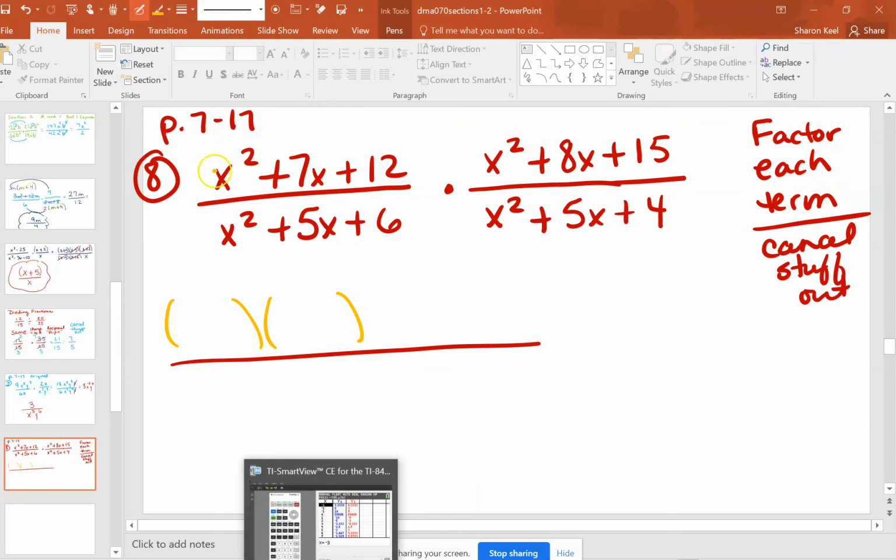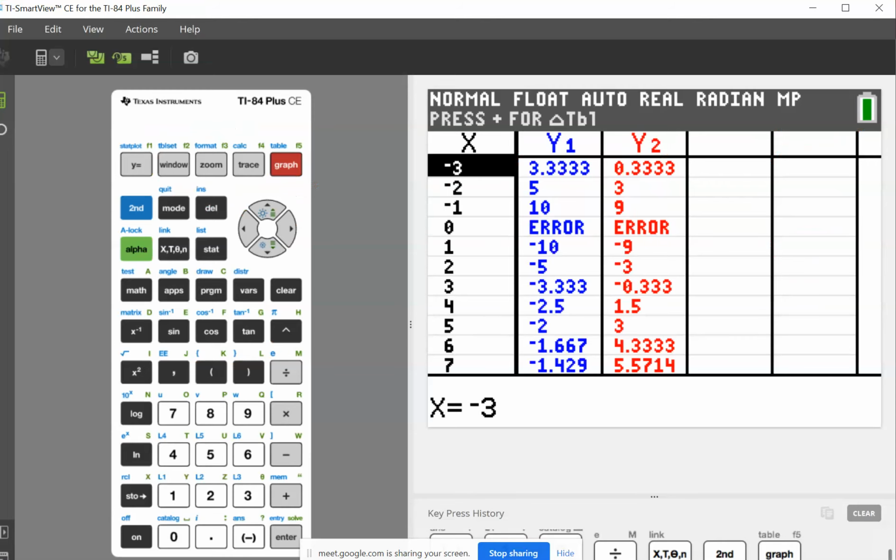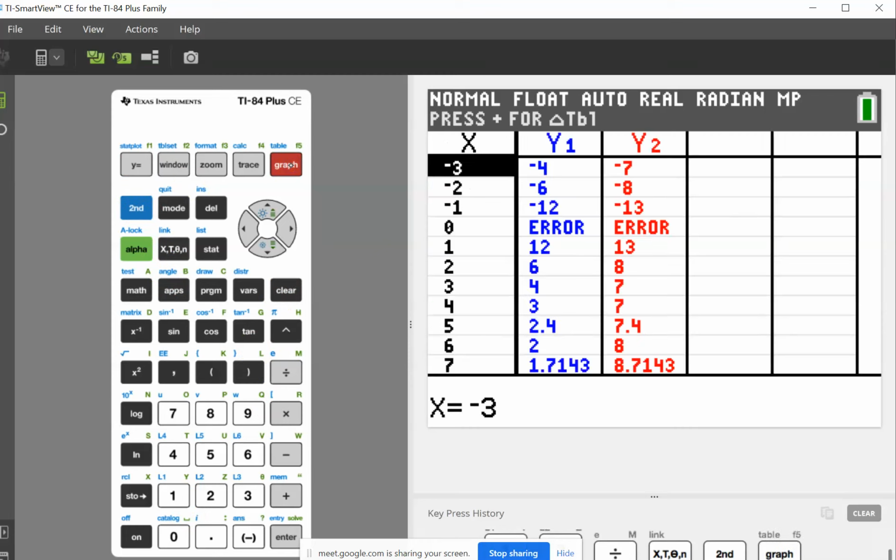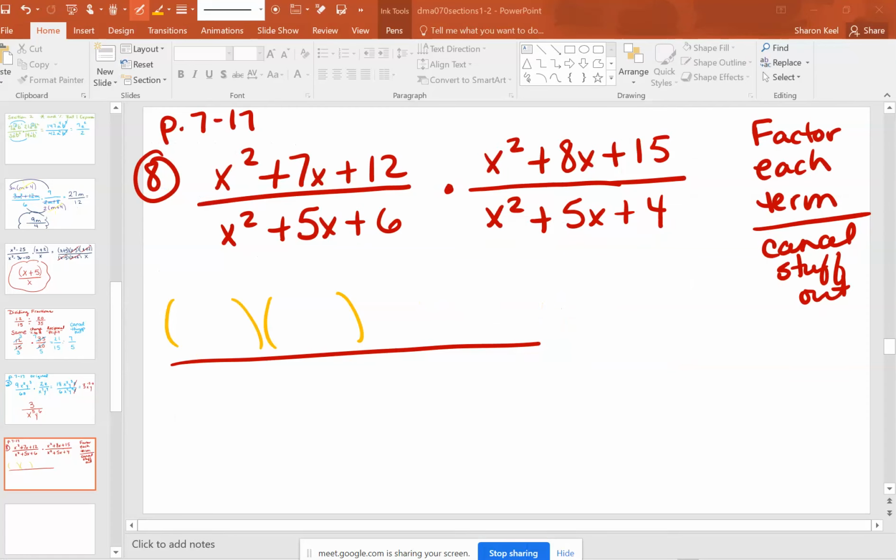I'm going to use my calculator, 1 times 12. So we're going to do clear 12 divided by x. Second table, and our middle number was a 7, positive 7. So that gives me a positive 3 and a positive 4. I recommend after you factor something, check it off so that you know that you did factor it.